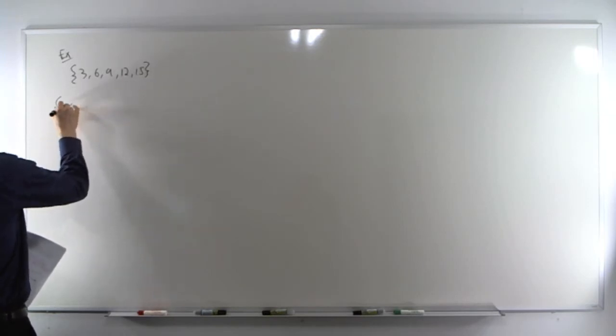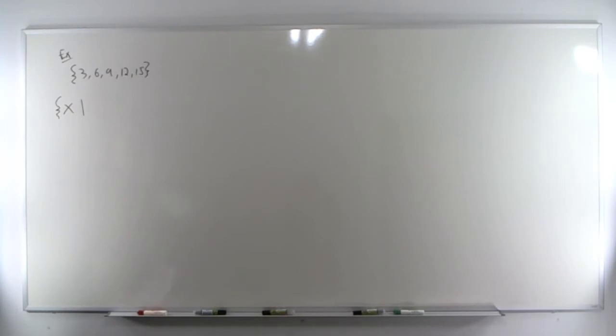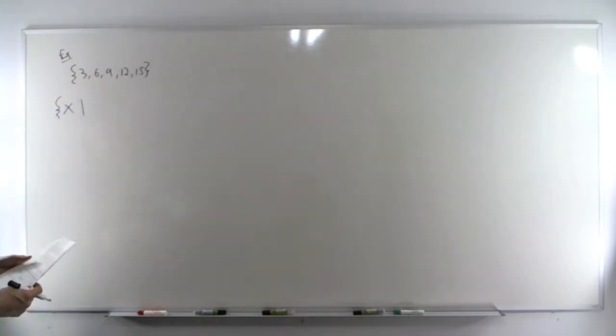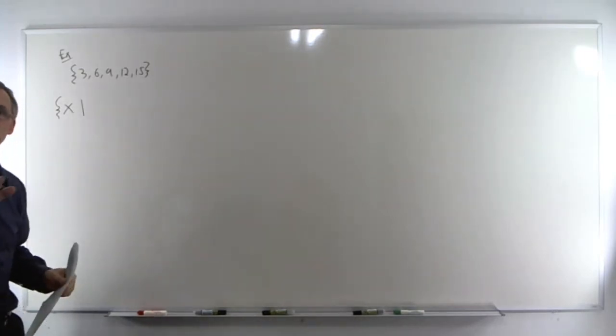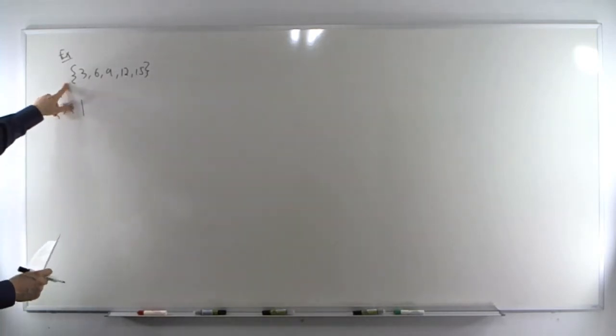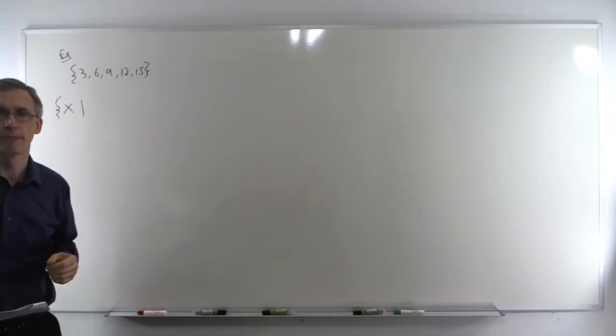So we're going to start off with our variable name and the line. So x such that, and here we clearly have multiples of 3 because we're counting by 3. Now we're not talking about integers because we don't have any negative numbers. And we do not have 0, and 0 technically is a multiple of 3. It's 3 times 0.